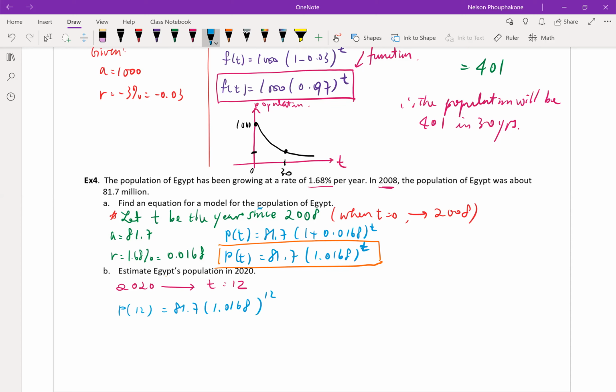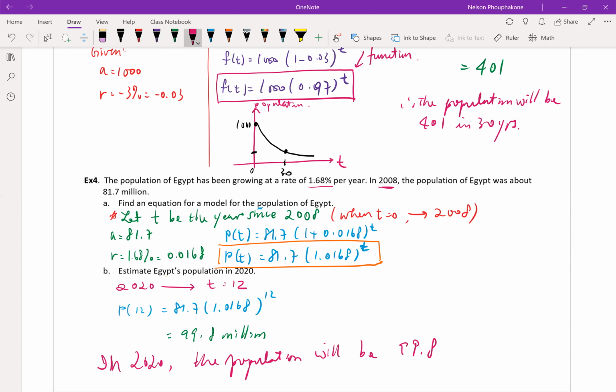Then you get the answer, which is 99.8 million. So we could say that in 2020, the population will be 99.8 million.